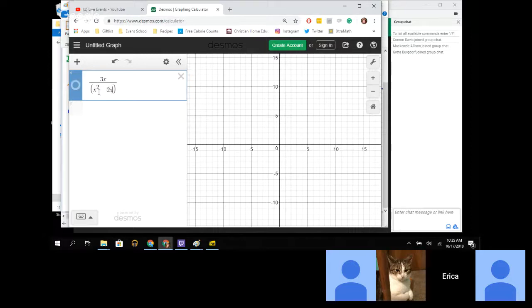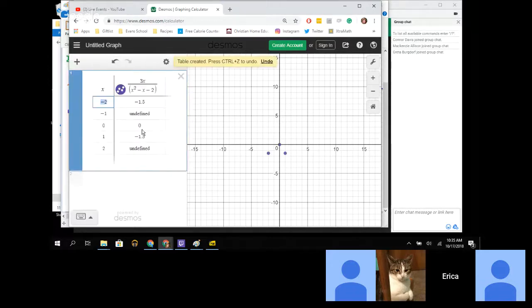Minus x minus 2. So remember the other day how we were talking about how to get a table? If you have it in Desmos and you click convert to a table, then it'll actually give you some values. So I could say, what happens when x equals negative 6?